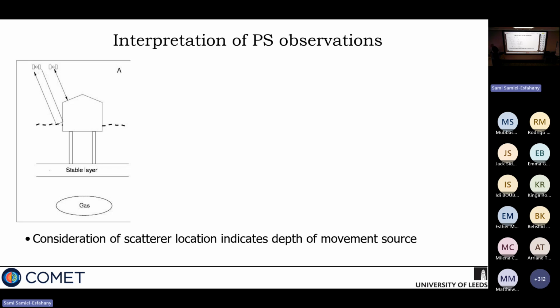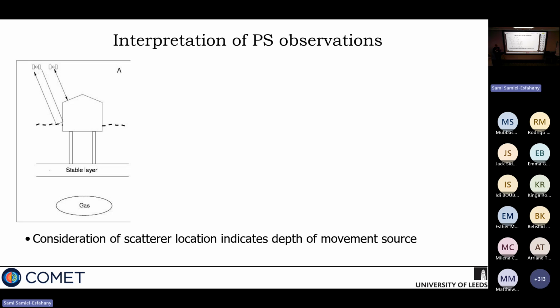And that matters if they're off the ground, because if you have something like compaction of the ground, you might get the situation where these double bounces show deformation, but reflections off structures themselves, which might be grounded in a stable layer, so they're deep foundations, might be stationary.